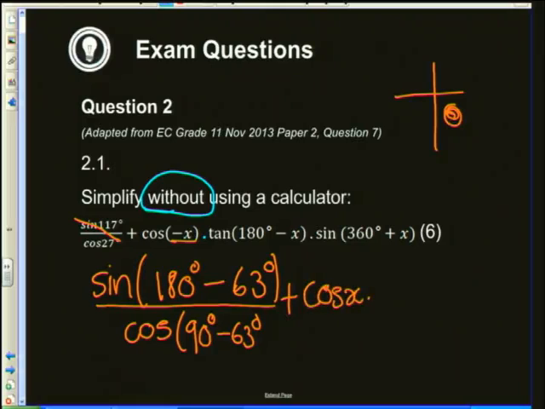Then I've got tan(180 minus x). 180 minus is in the second quadrant, and tan is negative there, so I need to multiply it by negative tan x. And sine(360 plus x) is in the first quadrant, so that's going to be positive sine x, because all three ratios are positive in the first quadrant. Let's move right along.